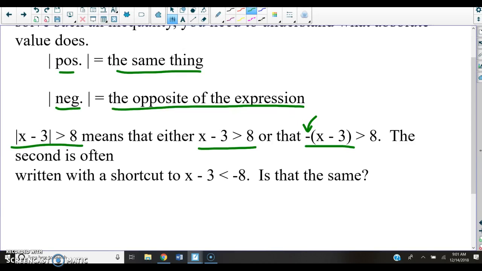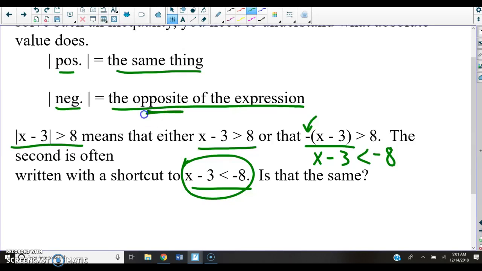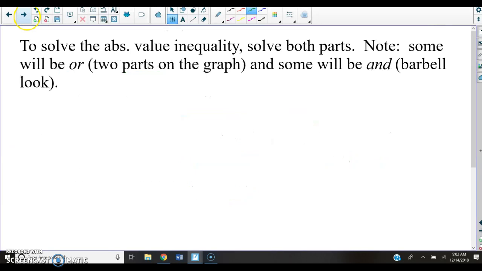And most of the time we use a shortcut and go straight to dividing out that negative. And remember, when you divide out a negative, you switch the direction of your inequality. So most of the time you go straight to that shortcut. Okay, so that's how we get to switch that one, because the absolute value made it the opposite. So you opposite your inequality. Instead of greater than, we go less than. All right.